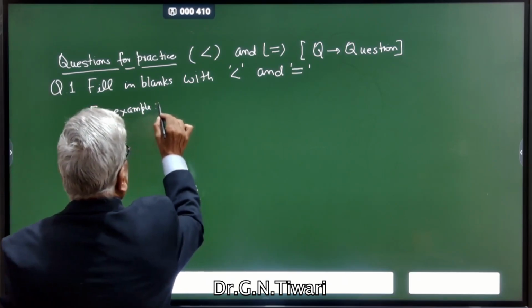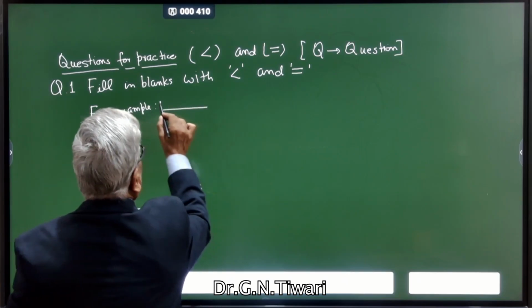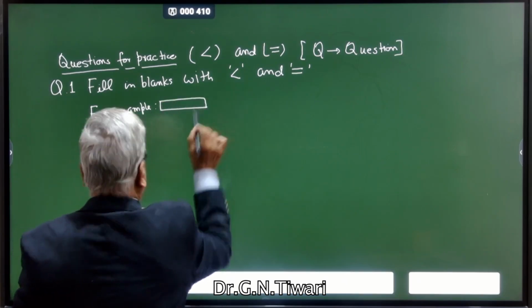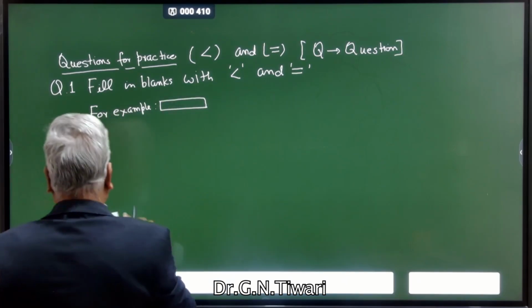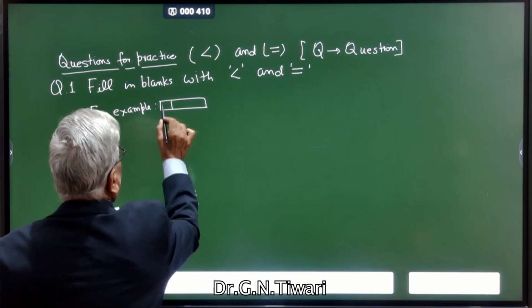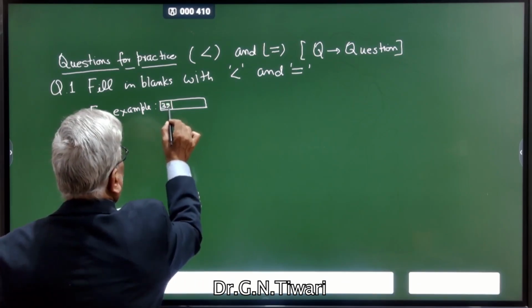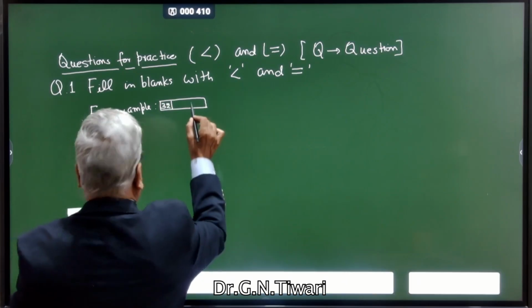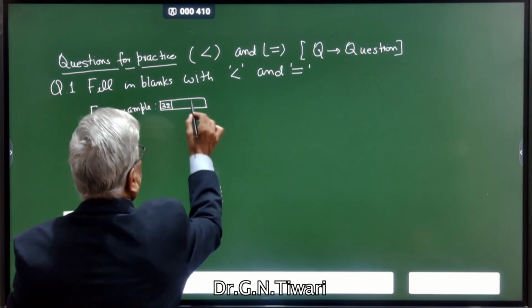Suppose this is a block having 3 numbers. One is 33, and one is 34.